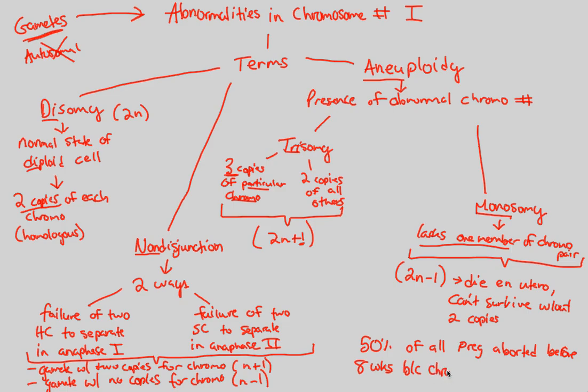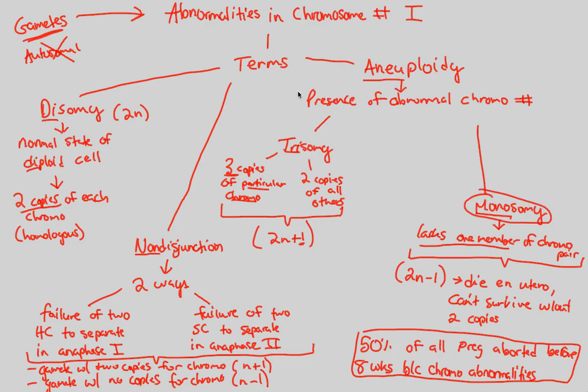This is a known fact to many scientists, based on recent research. So this plays a critical role in understanding the complexity of pregnancy and life itself. That 50% of all pregnancies are aborted naturally before 8 weeks because of things like aneuploidy. Most of the time it's because of monosomy.